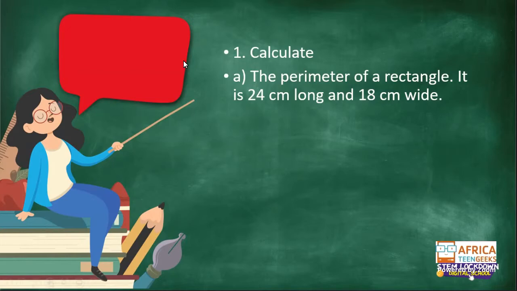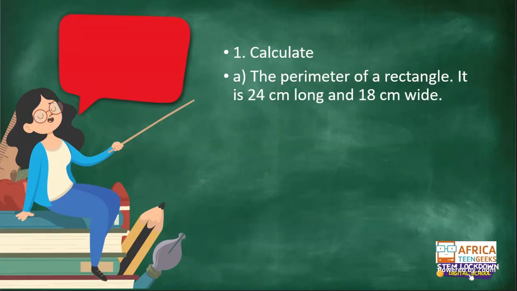Yes, let's go back to Amo. Amo, yes, please go ahead. Yes, I can hear you now. The area is 432 centimeters. Okay, and how did you find that? 24 times 18. Yes, that will be the length multiplied by the breadth.